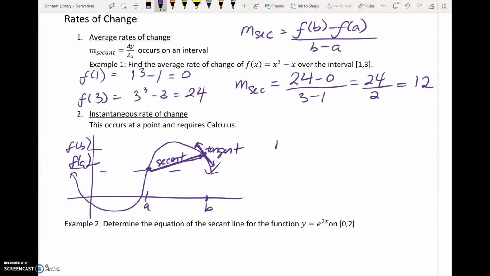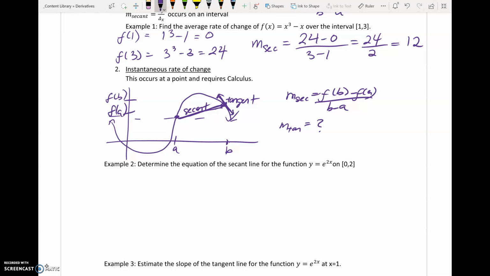For our m secant, we know how to calculate that. We have it up here. But we don't really know how to find m tangent yet. In question 3, example 3, we're going to try to find m tangent using m secant, but it's just going to be approximate. It's not going to be the exact thing, and you're going to see why.